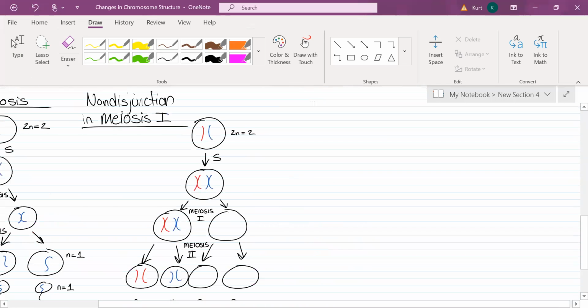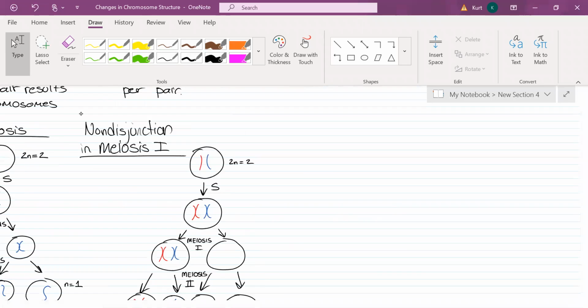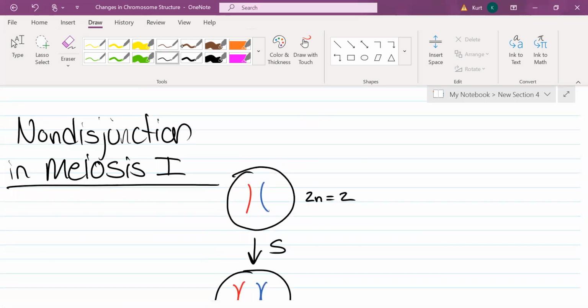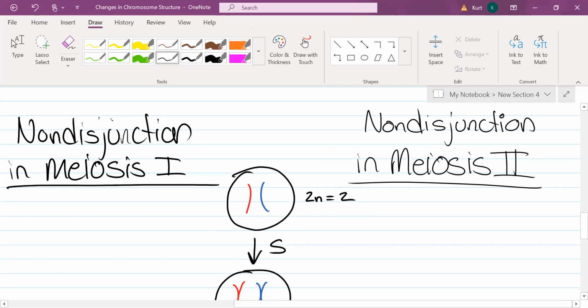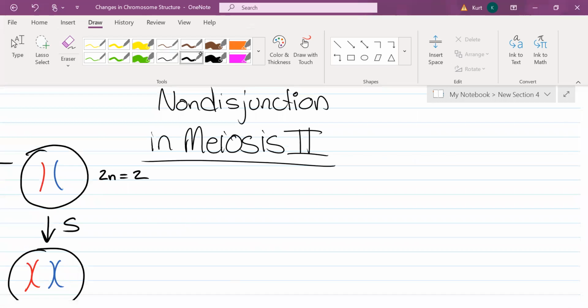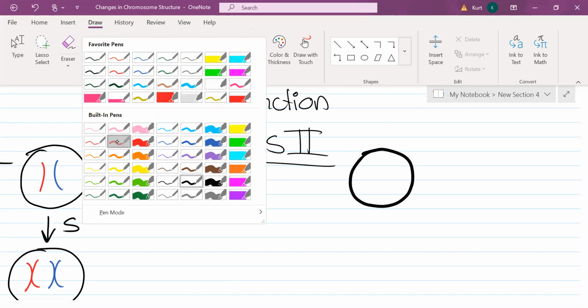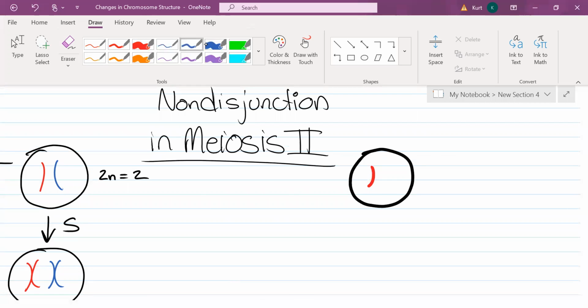Now, finally, let's draw what happens if you have non-disjunction take place in meiosis 2. Okay, so starting off like we did already, we have our parent cell, 1 mom chromosome, 1 dad chromosome.